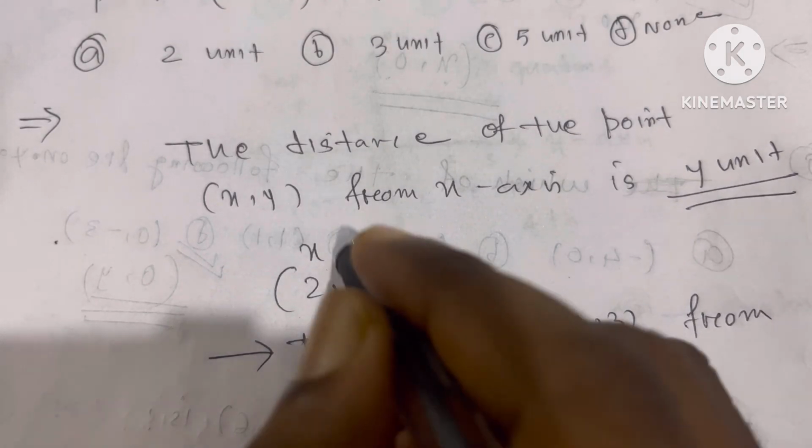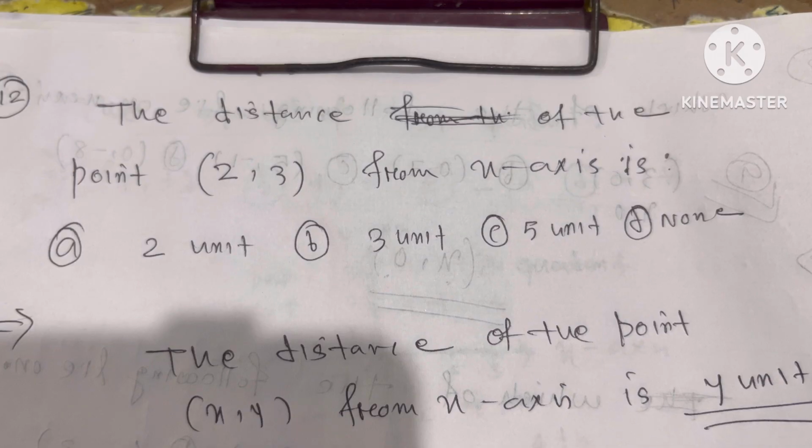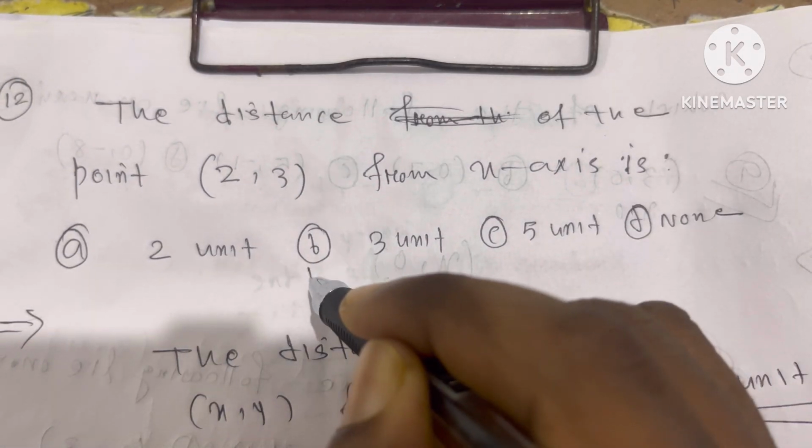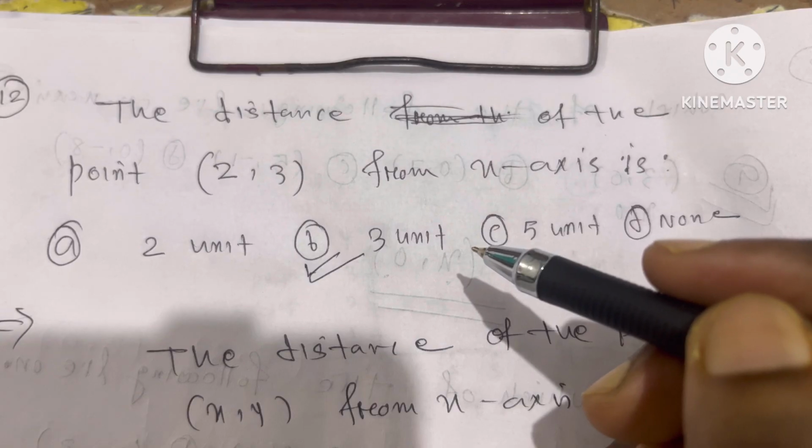Y value is 3. So which option is correct? The distance of the point 2 comma 3 from the x-axis is 3 unit.